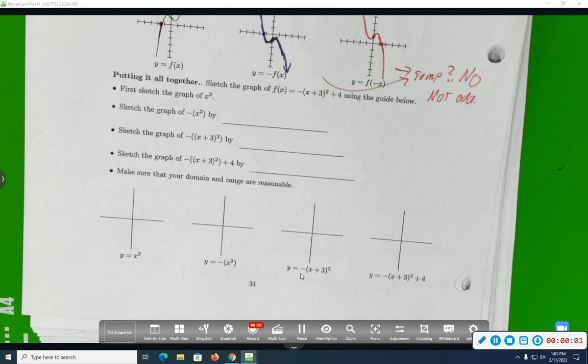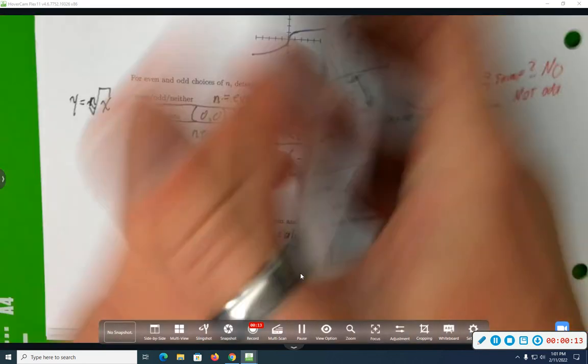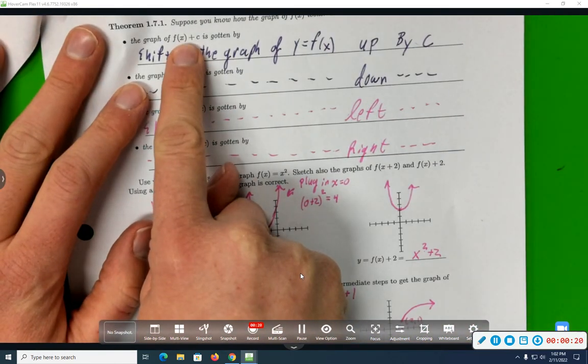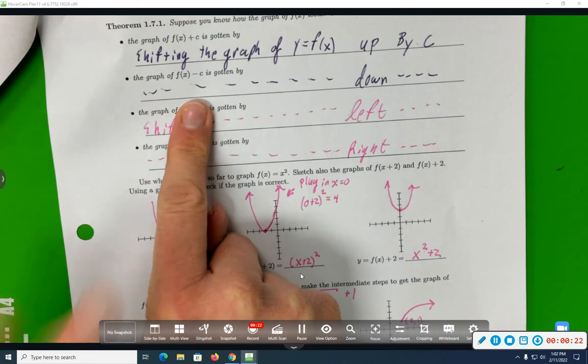Here so far is how some operations on functions affect graphs. We know that adding a number to the output value of a function shifts the graph in totally the intuitive way.